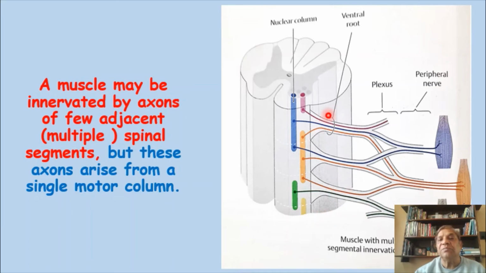Similarly here, another adjacent segment is shown. All these fibers, which take origin from the ventral root, ultimately go through the ventral rami. They divide, redivide and reunite again, and a network of nerve plexus is formed, what is called the cervical, brachial or lumbosacral plexus.